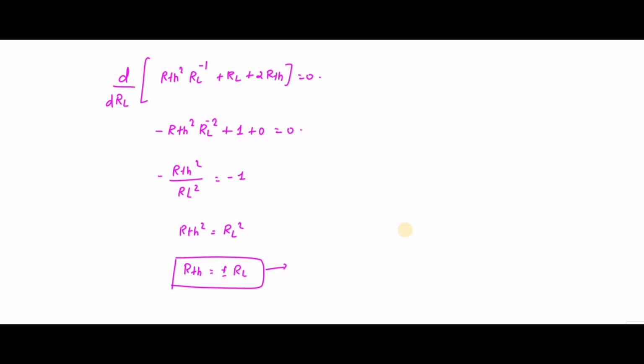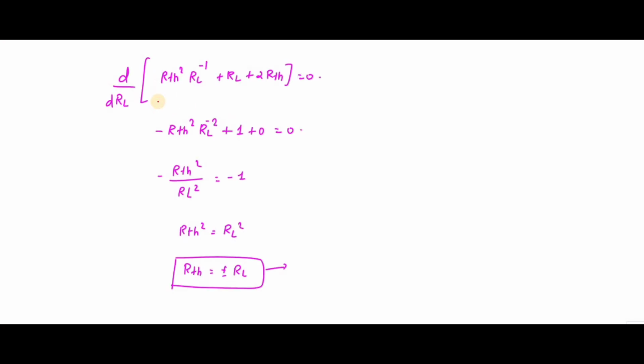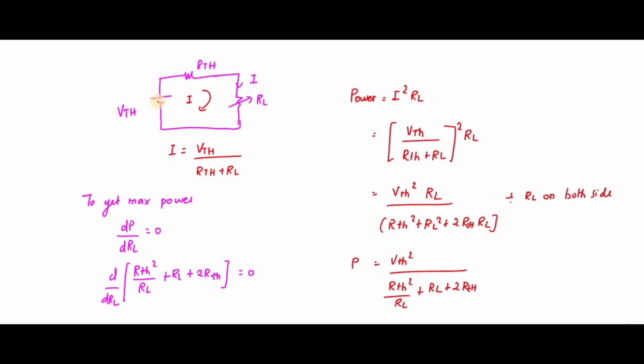So now let us discuss a problem on this. Consider this is my circuit. Before that, if we substitute this value here, RTH equal to RL, I will get VTH divided by 2 RTH whole square, divided by RTH.